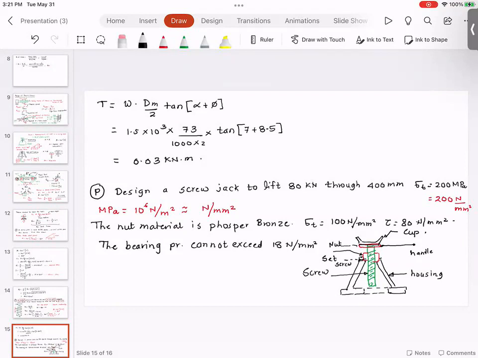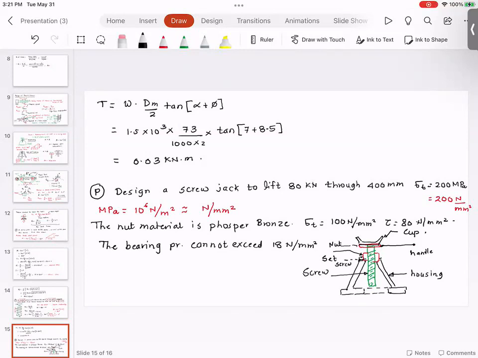So depending upon the load that needs to be raised, and depending upon how fast or slow the load needs to be raised, you can have a different type of assembly. You can actually have an electric motor, or you can just have a long handle, or you can have a wheel that you can rotate. And depending upon the load and the friction, all these different configurations are possible.